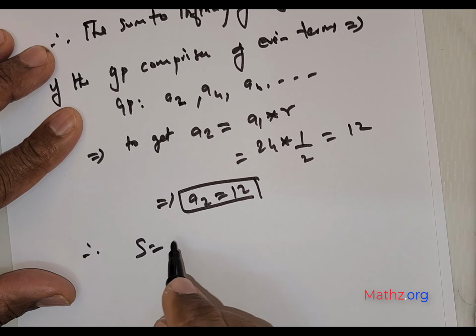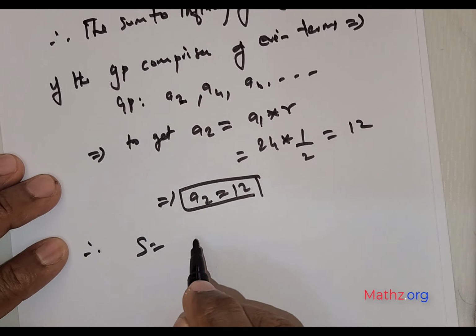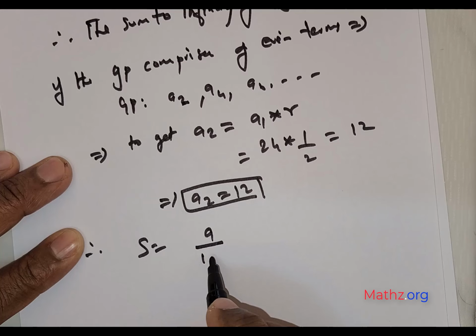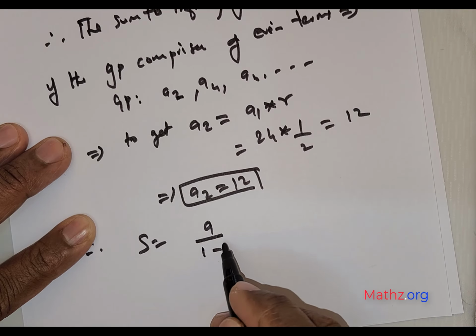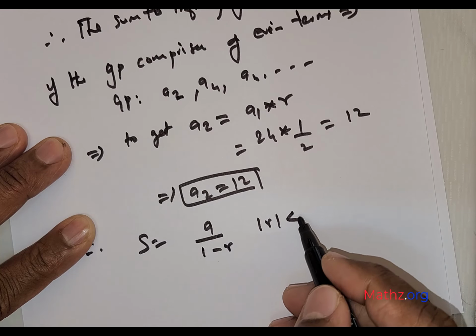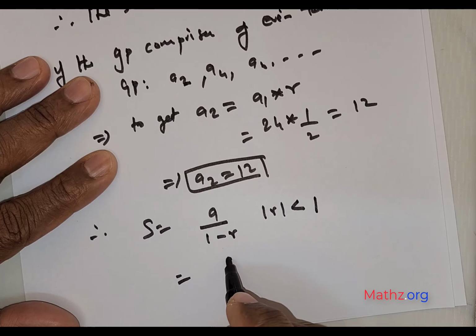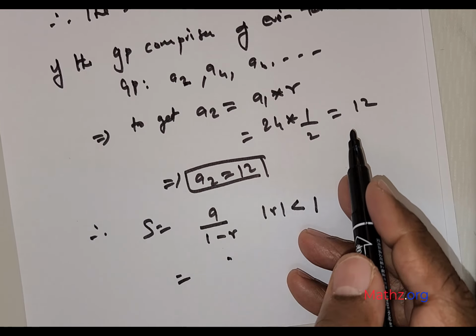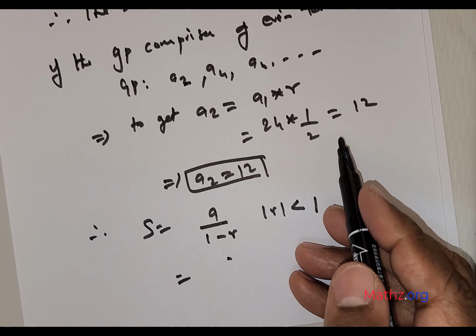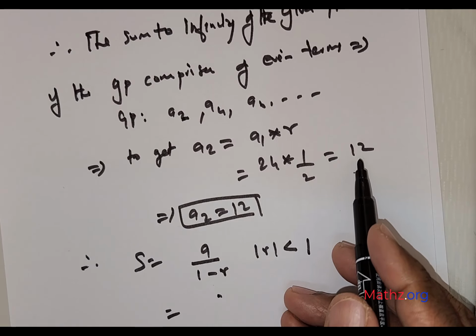So S is equal to, we need to get the sum to infinity, right? So a over 1 minus r with modulus of r less than 1. We use this formula. What is my a? We need to utilize this quantity, 12.